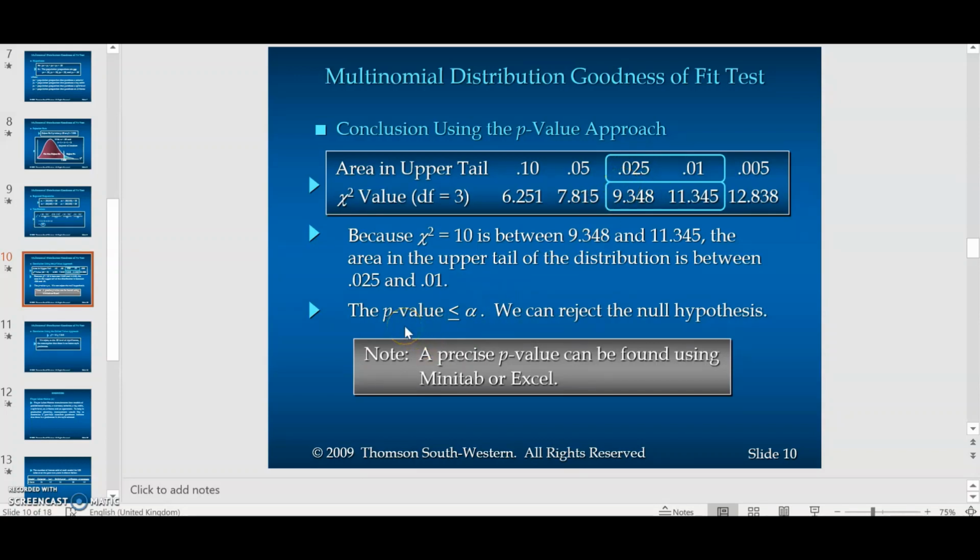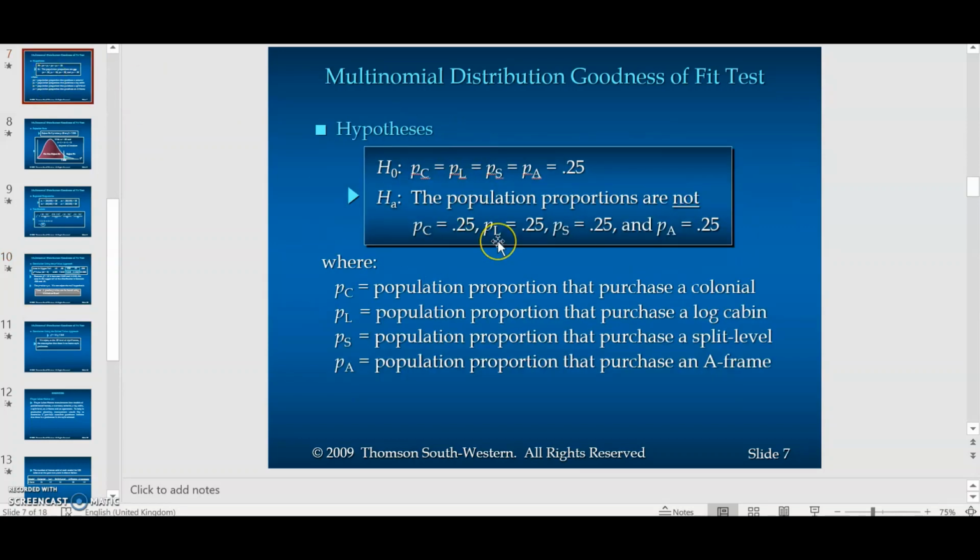Since our p-value is smaller than 5%, we can reject the null hypothesis. We can conclude that the alternative hypothesis is true, where the alternative hypothesis states that the population proportions are not equal across the categories.